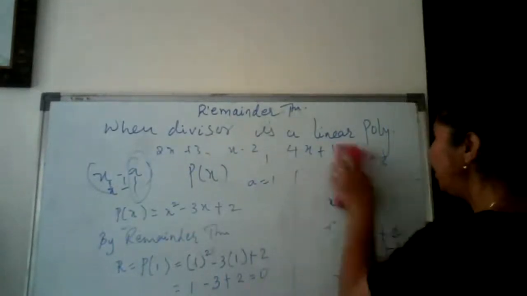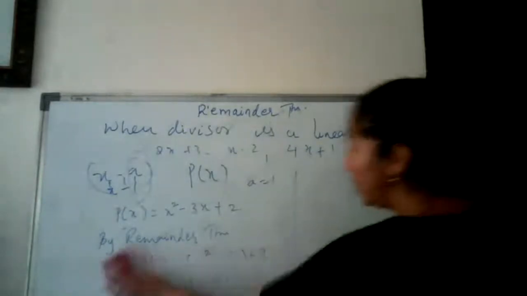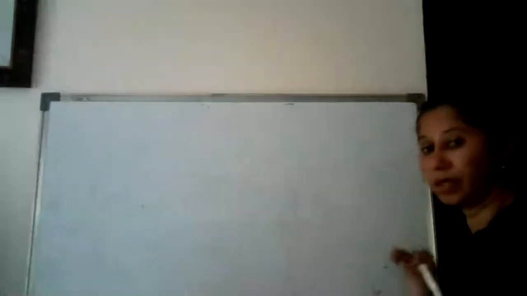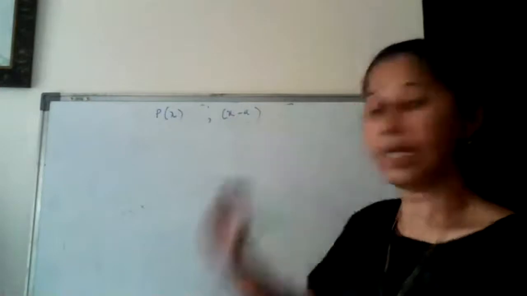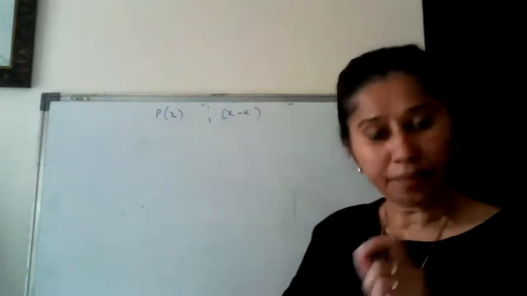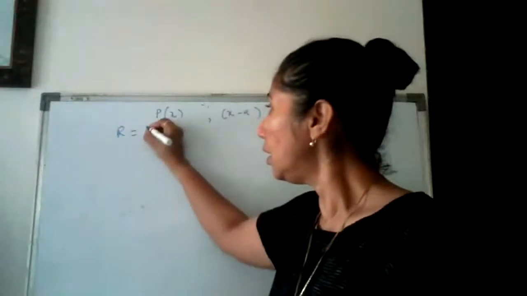I'll take one more example. Okay, just थोड़ा सा कॉन्सेप्ट ध्यान देने की कोशिश की है. Okay, I'm repeating once again what is remainder theorem. Remainder theorem में suppose px is any polynomial, okay, and x minus a is any divisor, then remainder can be found out using the remainder theorem by this way.